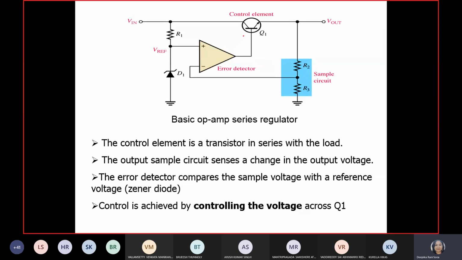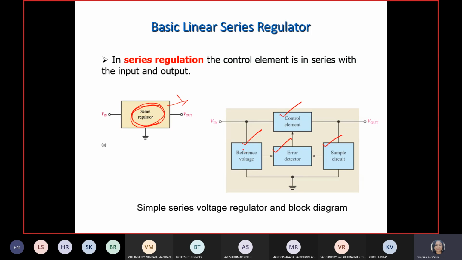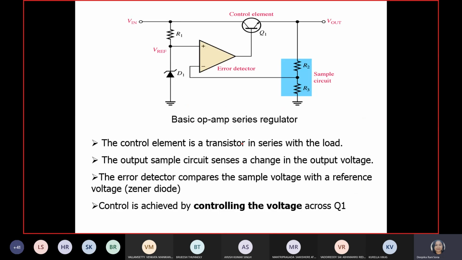Which device does the error detector circuit represent here? What does the reference voltage section represent here? And what circuit components does the sample circuit represent? Can you say by watching the circuit? And also write it down in your copy.